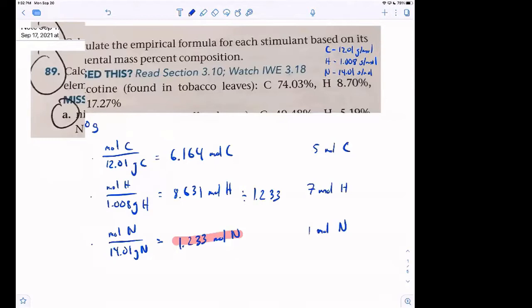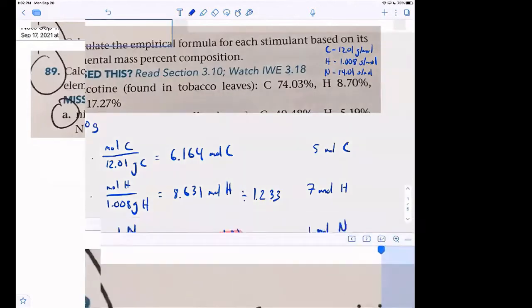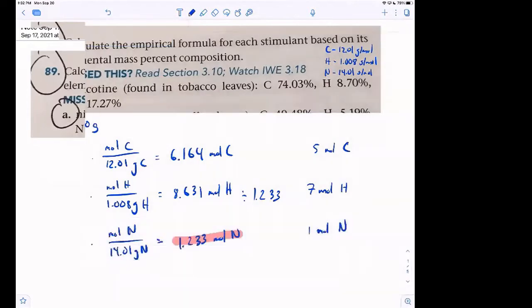You can stop there because there are no fractions, so nicotine is going to be C5H7N.